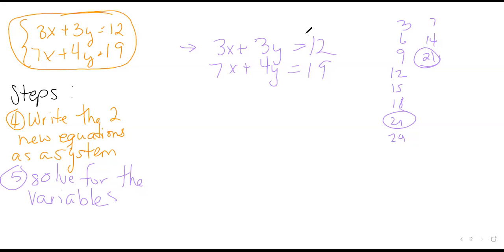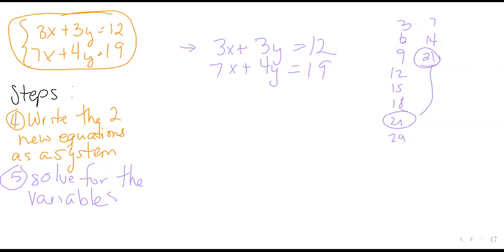So since I have 3 and I have a 7, I need to figure out the first number that they both have in common. I can do that by listing my multiples and seeing the first number that they both share. So in the case of 3 and 7, the first one that they both share is 21.